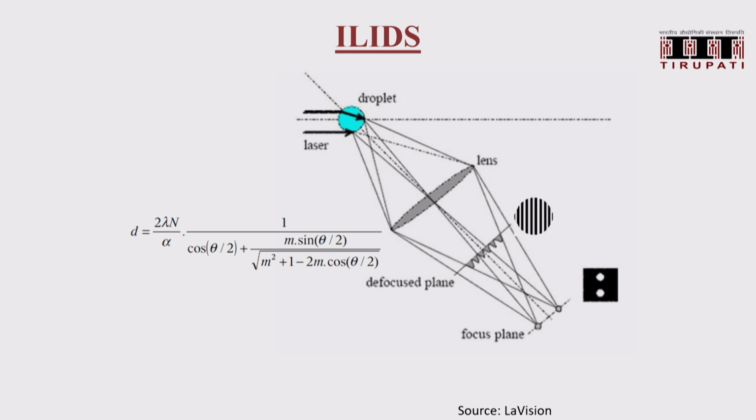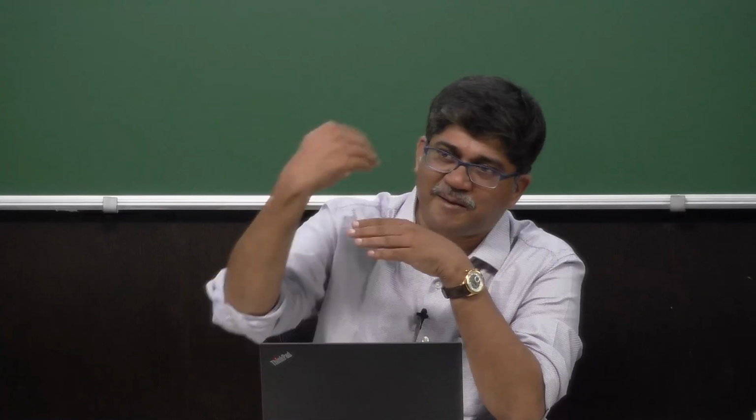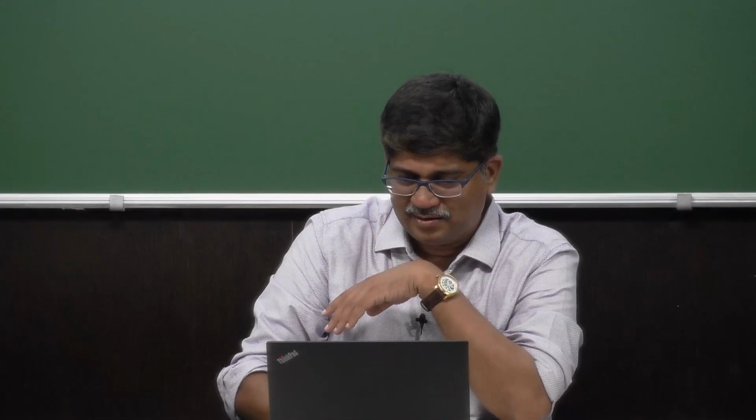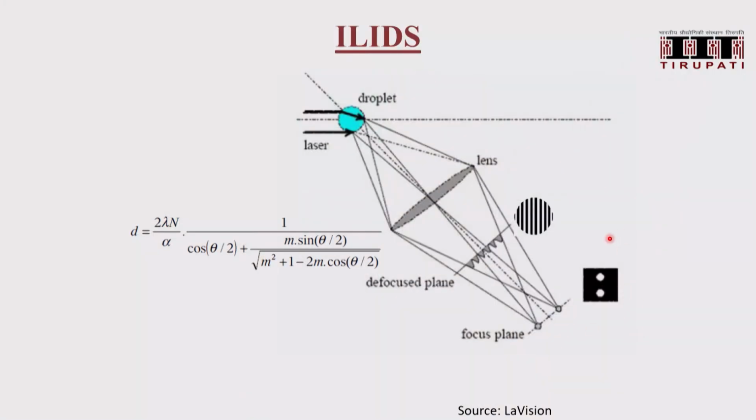But when you focus your camera slightly before or after, both interfere and form fringes, a fringe pattern away from the focal point. At the focal plane it appears as two dots, but away from the focal plane they interfere and form these fringes.